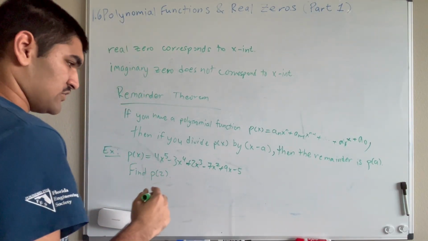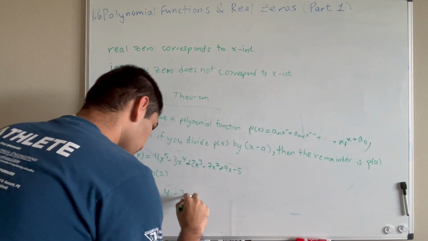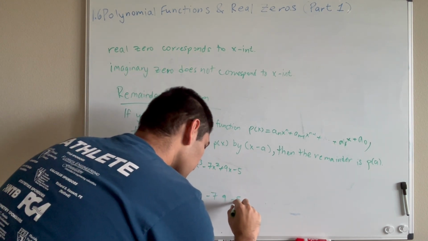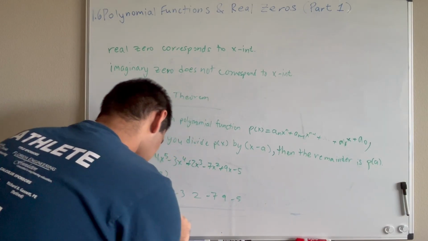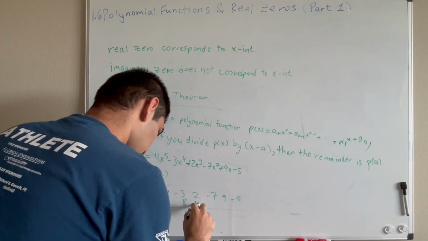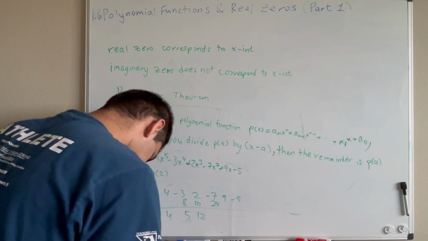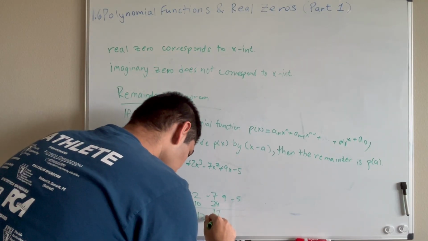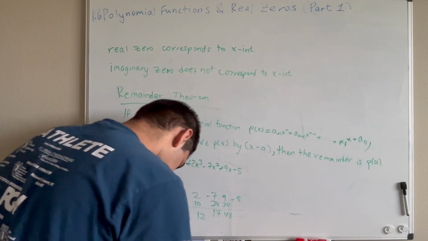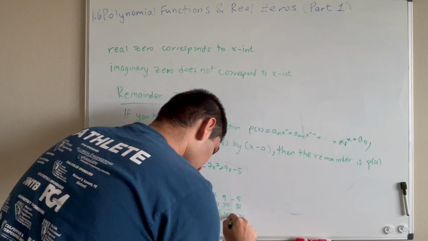And so we're going to do just that, and I will use synthetic division. So 2, with coefficients 4, negative 3, 2, negative 7, 9, negative 5. Bring down the 4, then 8, 5, 10, 12, 4, 17, 54, 43, 86, and then you get 81.